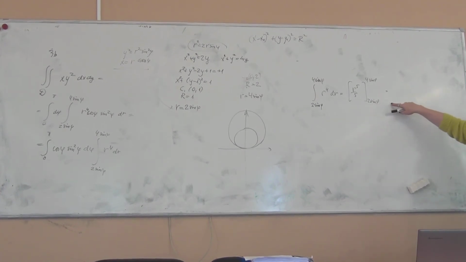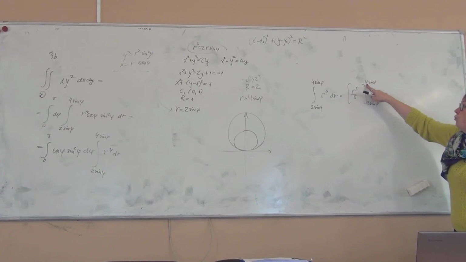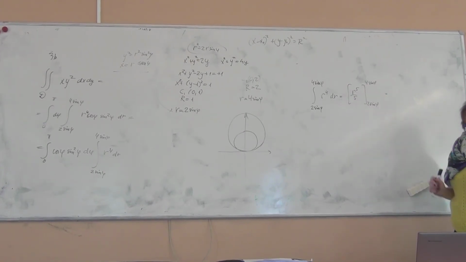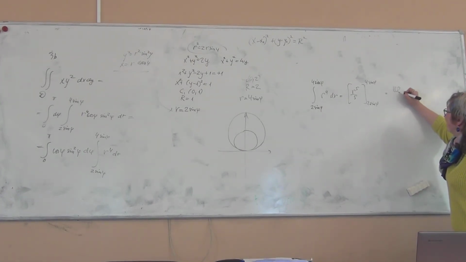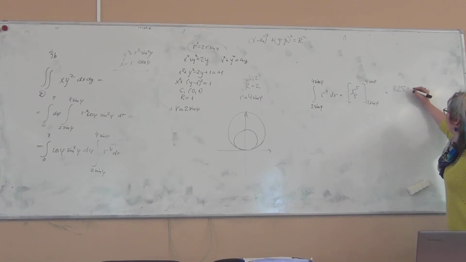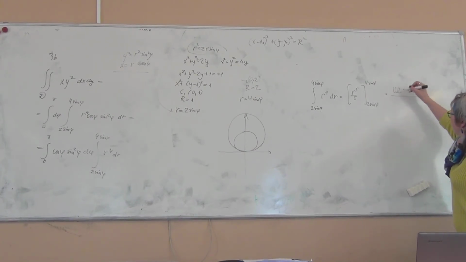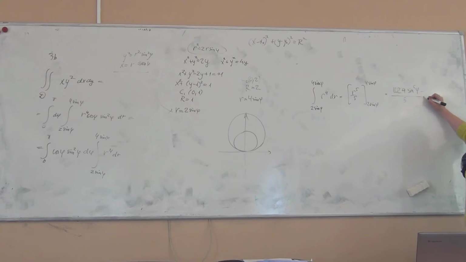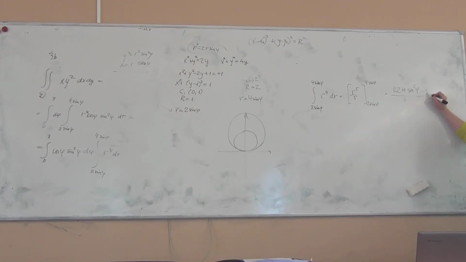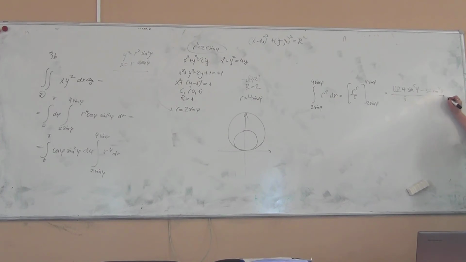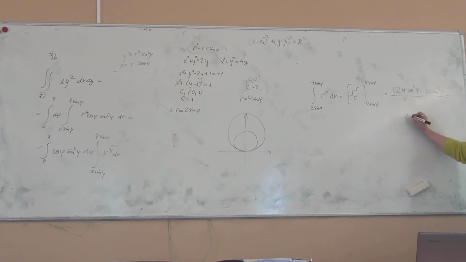Alright, so in this, 4 to the 5th is the same as 2 to the 10th, 1024. 1024 sine to the 5th phi over 5 minus, now we put 2, so it's 32 sine to the 5th phi over 5.